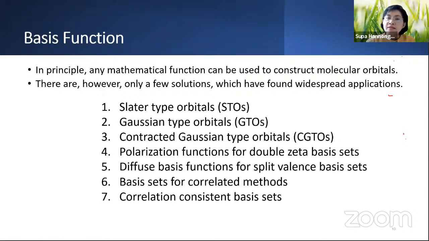Even though it's quite good and very acceptable, and we will talk a lot about contracted Gaussian type orbitals in this lecture, later on there was still more development in order to allow the electrons to be polarized, and to make the double zeta basis set, which we will learn next.